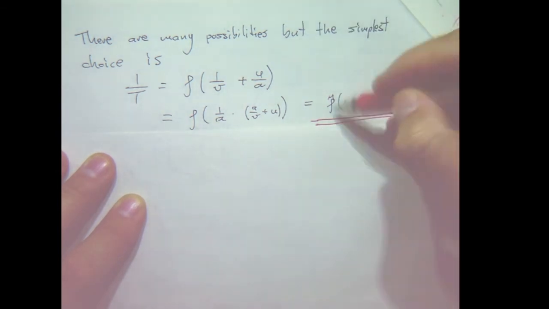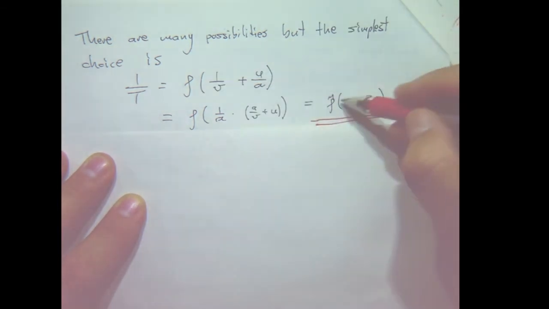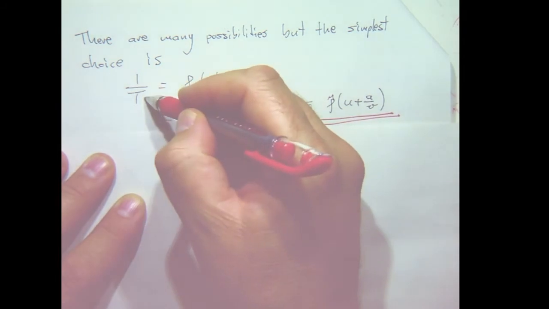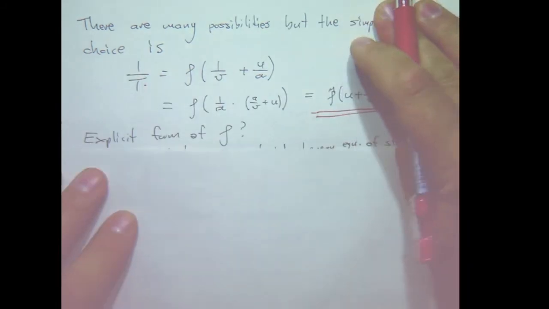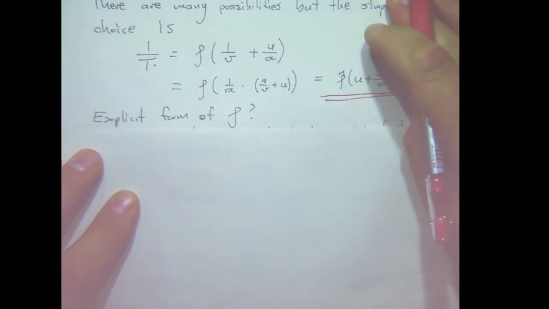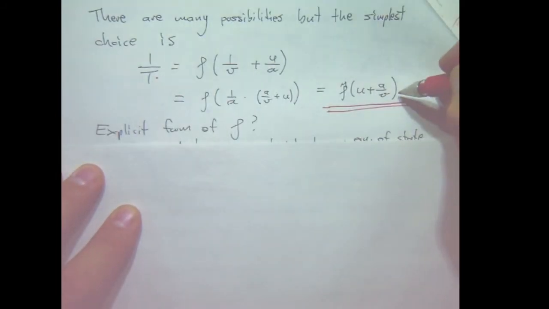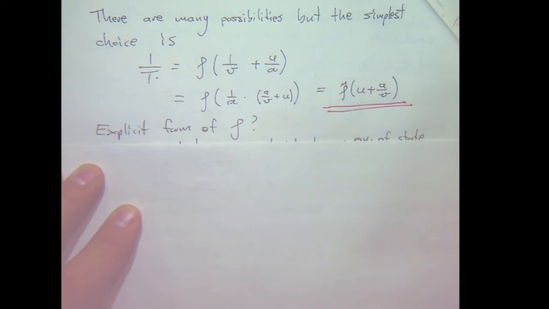All we need is some functional form for 1/T. That's as much as we can do in terms of uniqueness, in terms of the information that we're given.